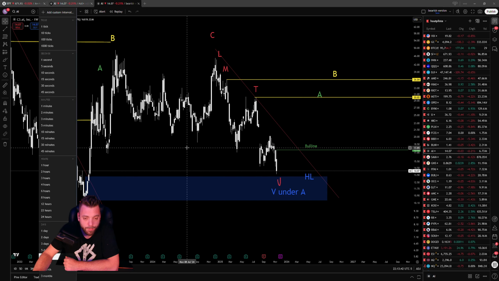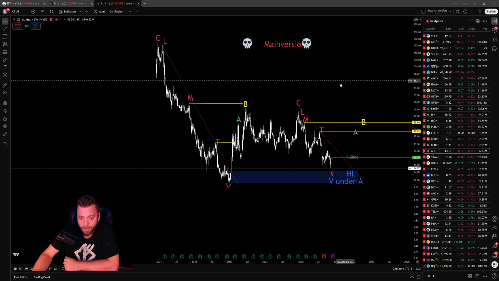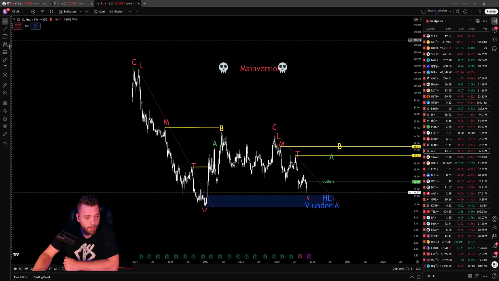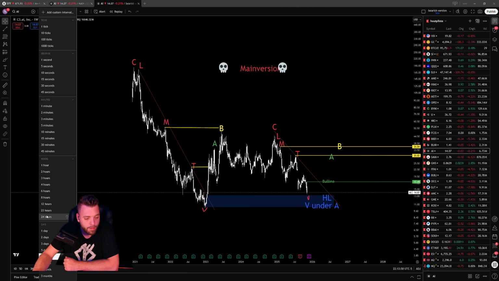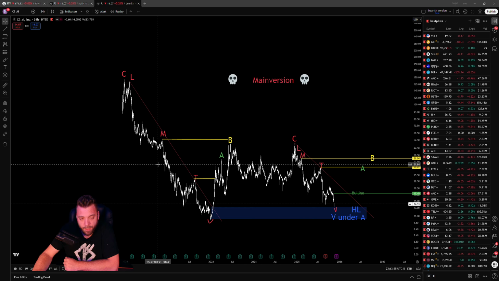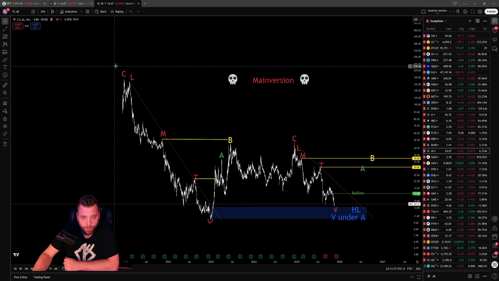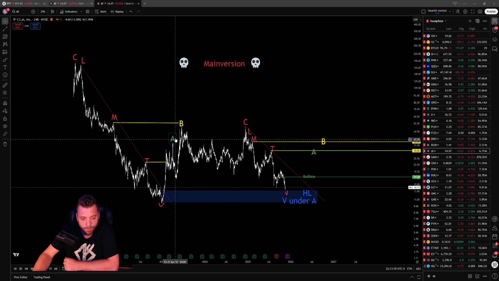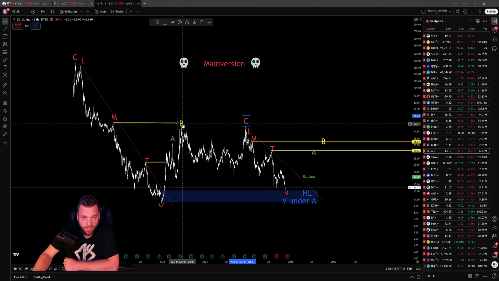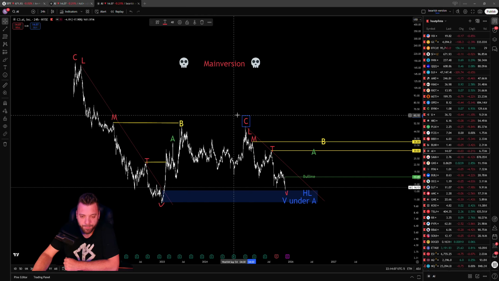So, just for the overview, we would be in our second fractal. For this, yeah, you made your C, lower high, MTB. First one is finished. Second one was just A, massive B, and this is your C. And it's higher than your B. Tiny, but higher.